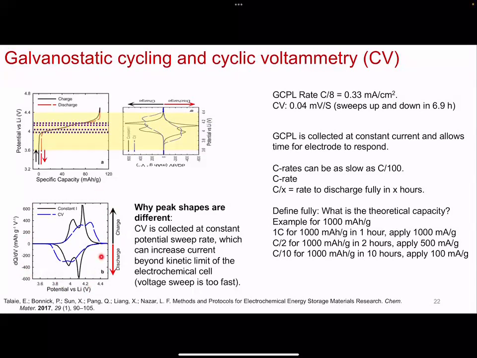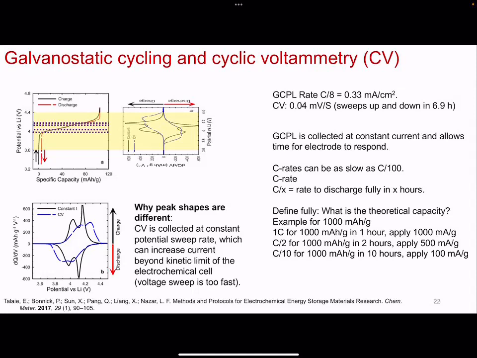But when you plot it like this, it's less evident where the reduction and oxidation peaks are as it pertains to your galvanostatic cycling plot. So if you rotate it 90 degrees, then you could see that your first derivative peak really should line up. The voltages should line up with exactly where you see the changes happening over here in the original plot. What's also interesting is you can overlay cyclic voltammetry data.